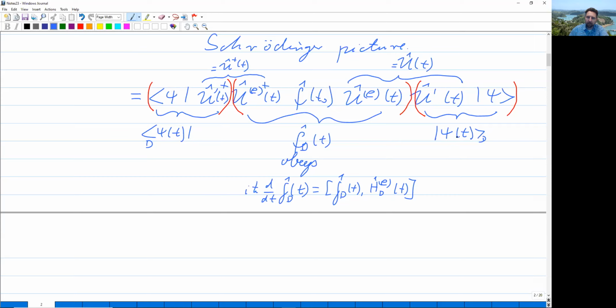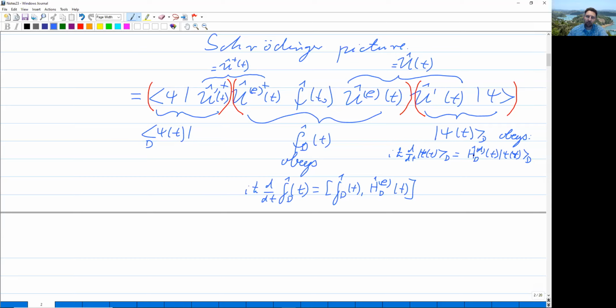And then this one obeys a Schrodinger type equation, i h bar d by dt psi of t in the Dirac picture equal to, and here it's only the difficult part of the Hamiltonian, but written in the Dirac picture of t, and then psi of t in the Dirac picture, where this is a time-dependent operator in the Dirac picture, and the time-dependent operators in the Dirac picture obey that equation here, right?